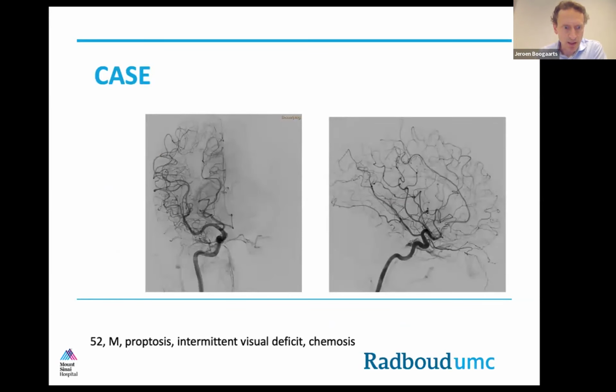So this is a typical case, a 52-year-old male with proptosis, intermittent visual deficit on the right eye, and chemosis. Here you see the slight filling of the cavernous sinus. You see it maybe more clearly on the lateral image on the right side.